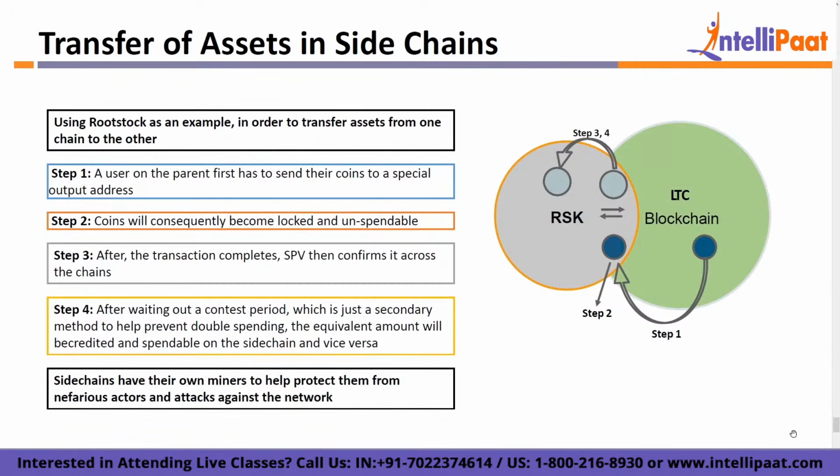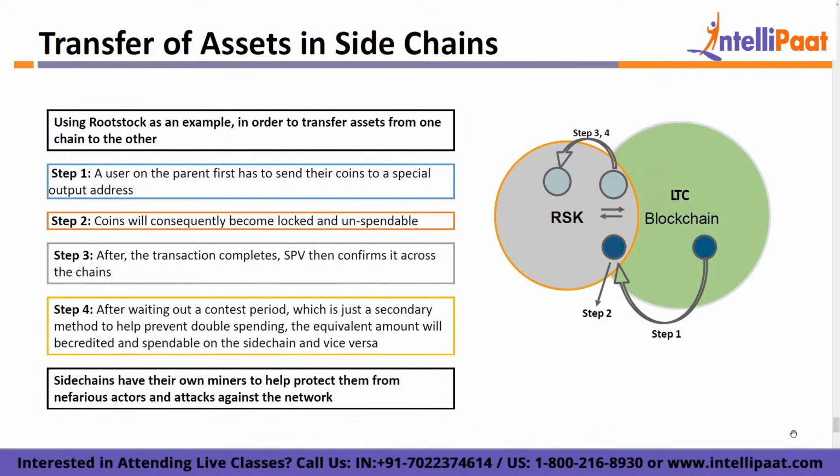Then the next step: after the transaction completes, the SPV confirms it across the chains. So what happens? When the transaction is completed, the blockchain node is freed up from that amount, and it starts reflecting in the network as its main available balance. So this is all happening by using the transaction and the coins available in the main blockchain, which were used for the transaction inside the other sidechain network.